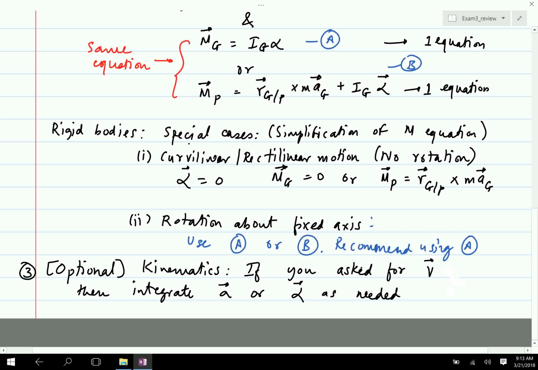So let me put v, omega. v is the linear velocity, omega is the angular velocity, r is the linear position, and theta is the angular position. If you are asked for those, then you take a or alpha, which comes from Newton's laws, and integrate it.